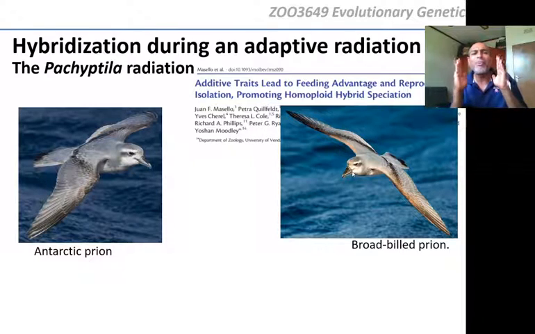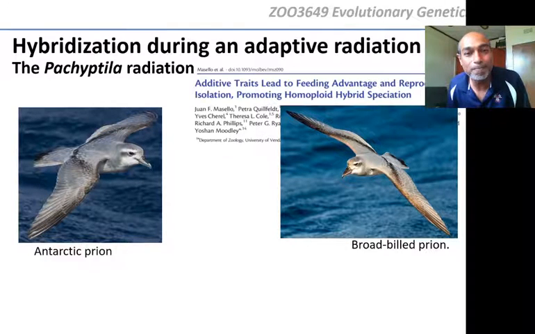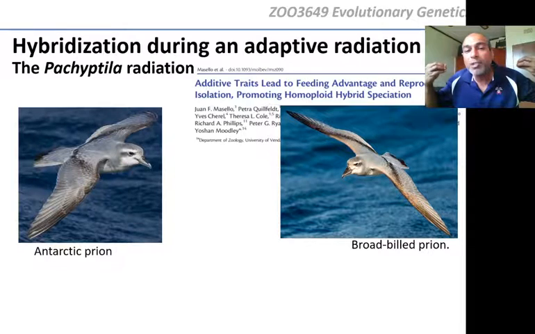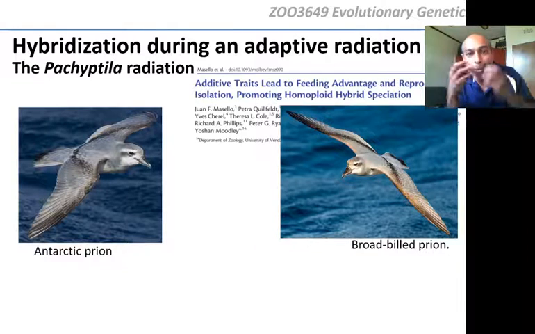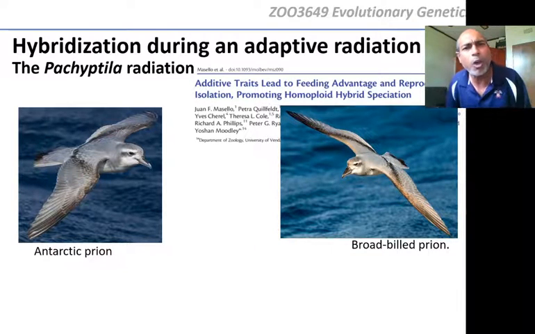That bill is very fat, and a fat broad bill allows this bird to filter feed. So it can take a lot of water and squeeze the water out the sides of its bill and keep whatever fish and delicate, juicy, edible stuff in its mouth, but the water goes out. A bit like how a whale feeds, through filter feeding.